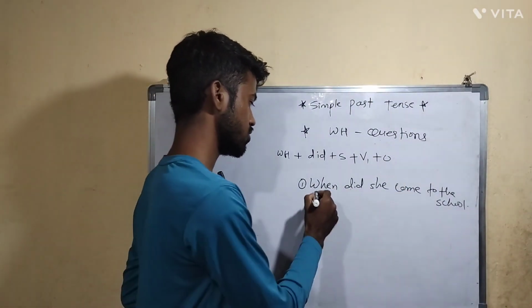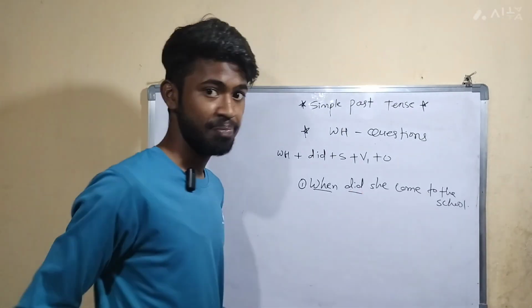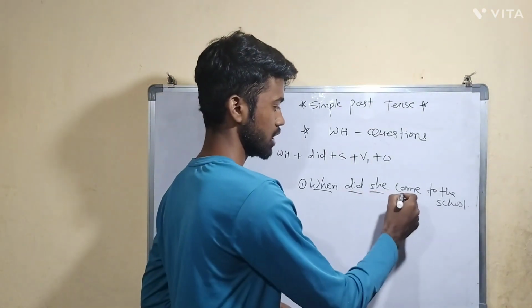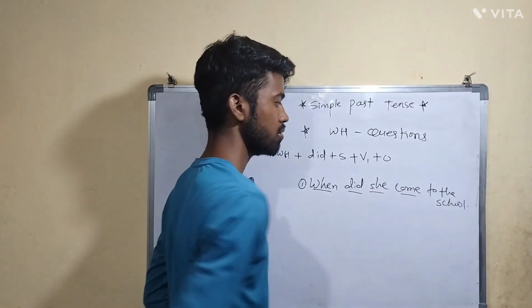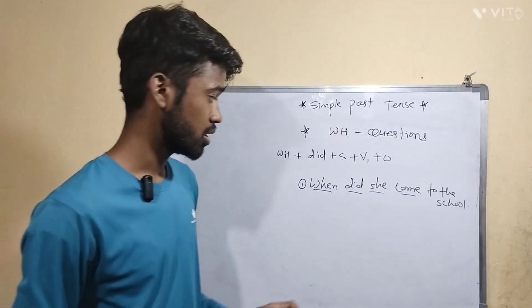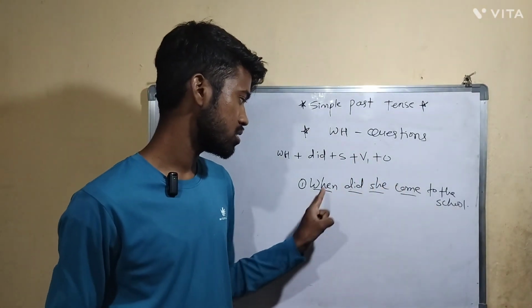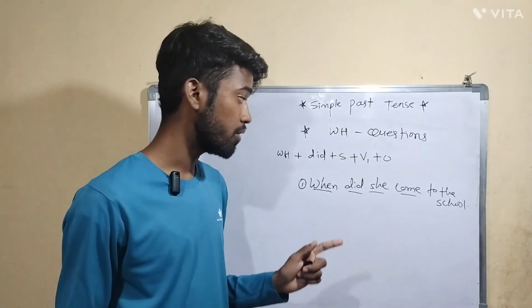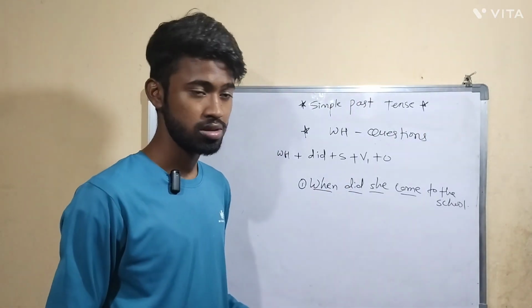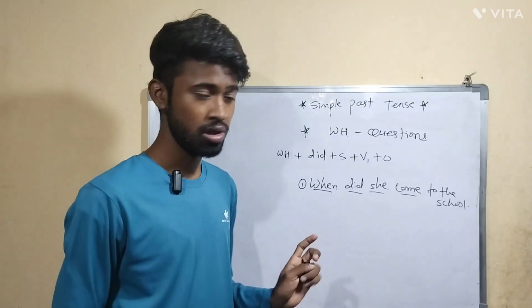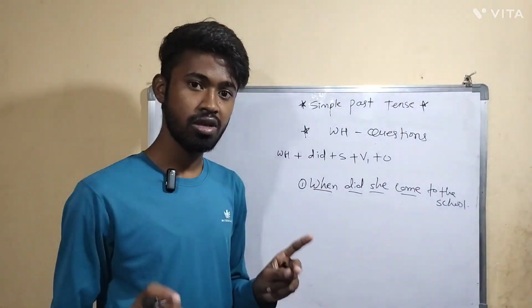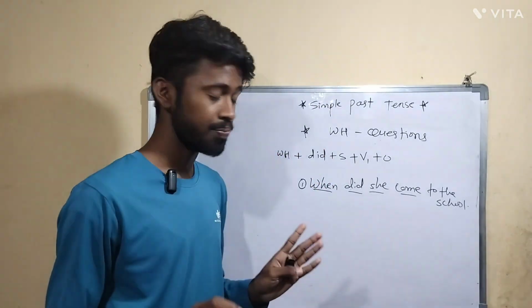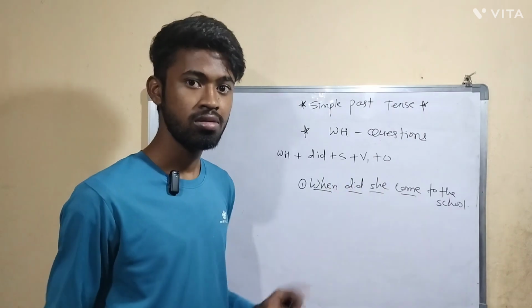Now, this is the WH word followed by the helping verb did, and after that the subject and first form of verb, and in the last the object. So what you need to understand, after the WH word, a helping verb will be there in all the WH sentences. In WH questions, whenever we are using any WH word, after that we use the helping verb.